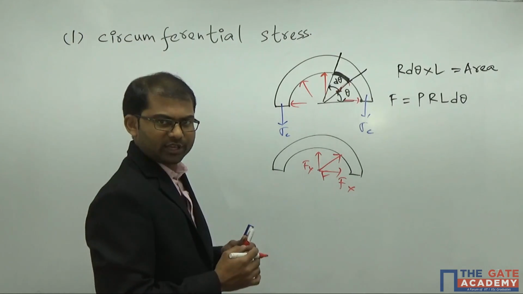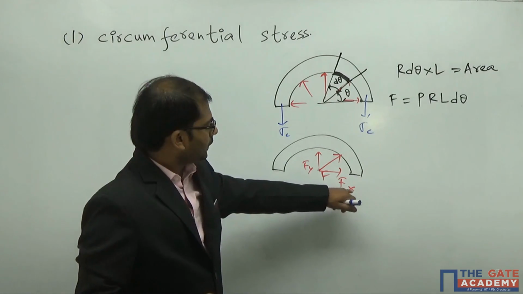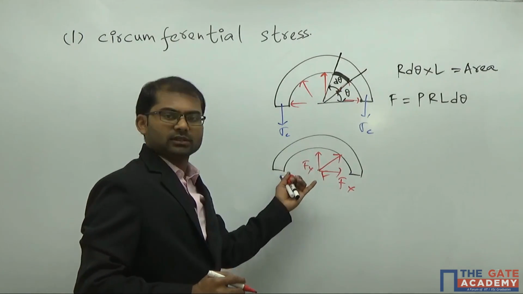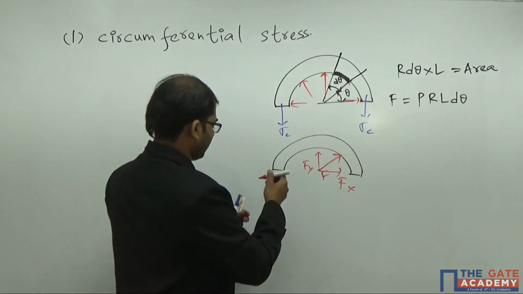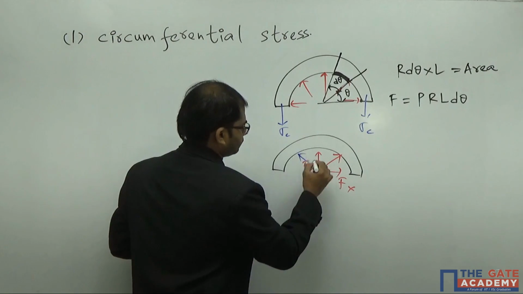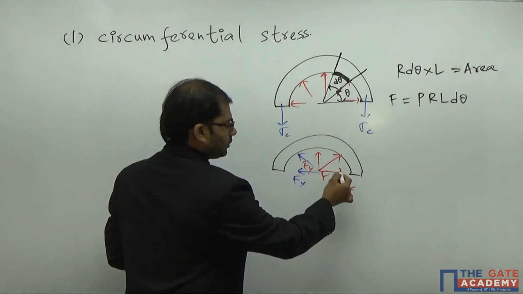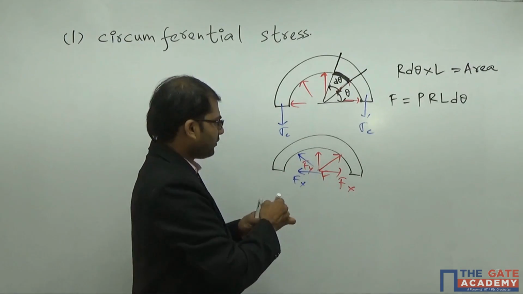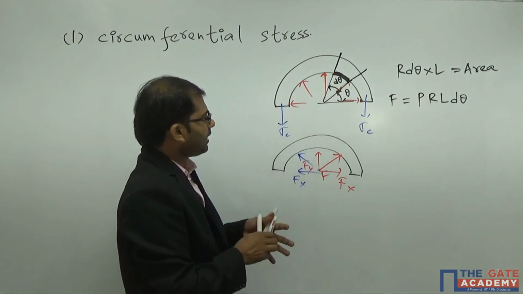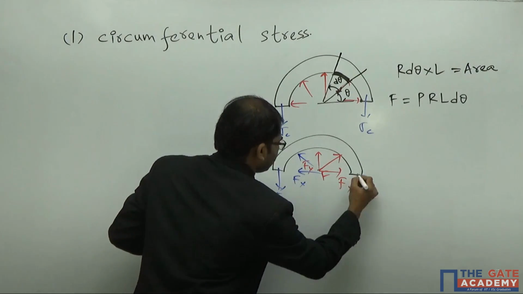Now if you see carefully here, the horizontal force will be cancelled by the opposite horizontal force which will be induced somewhere else in this direction. So here Fx will be cancelled out and only Fy will remain. So sigma c will be taking care of Fy itself.